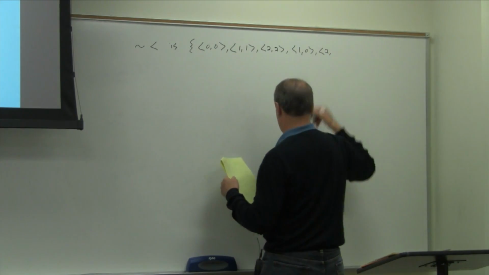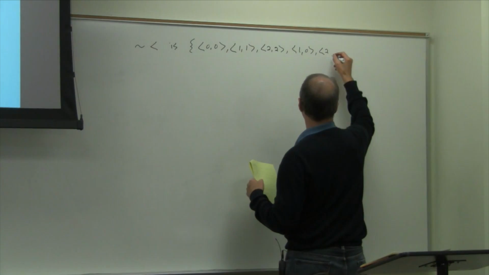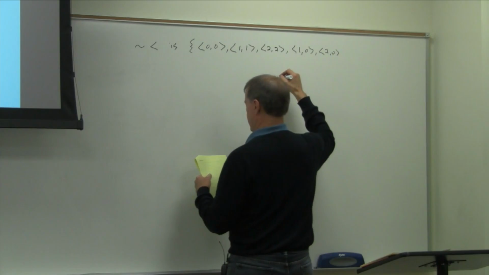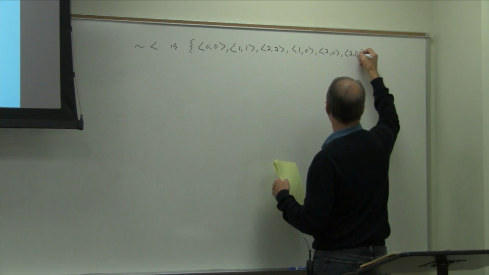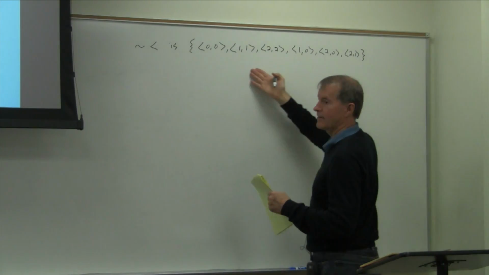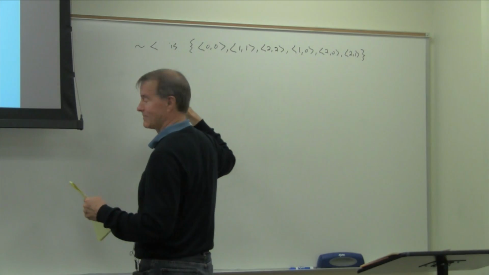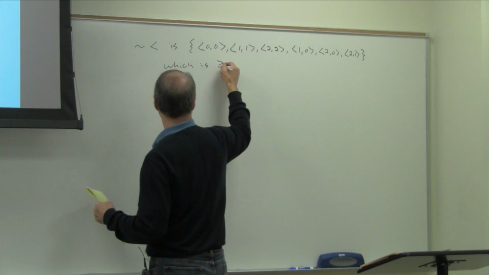It's a 2, 0. 2, 0. 2, 1. Is that it? Yeah. 2, 1. Which is what? Greater than or equal to. Exactly. Which is greater than or equal to.